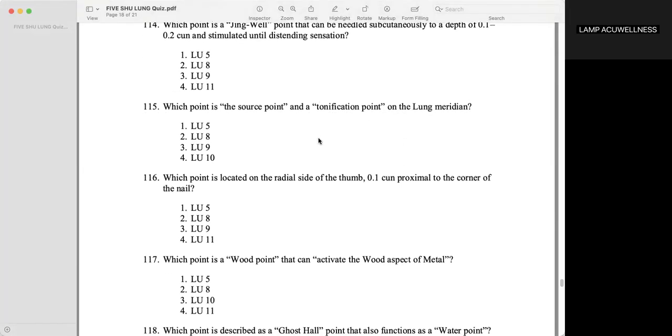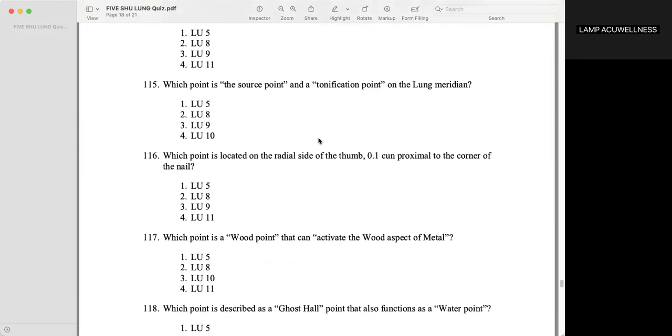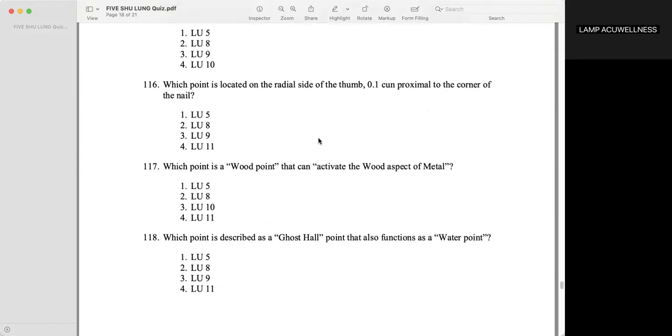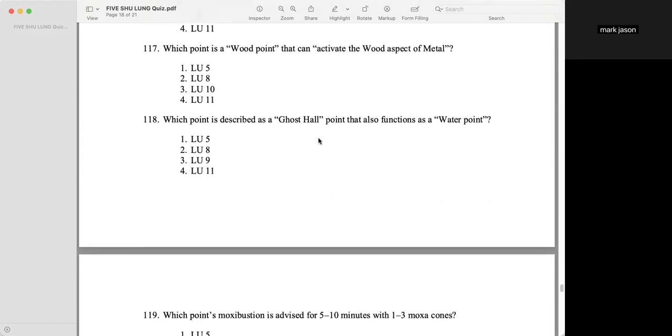Which point is the source point and the tonification point on the lung meridian? Lung 9. Which point is located on the radial side of the thumb, 0.1 tsun proximal to the corner of the nail? Lung 11. Which point is a wood point and that can activate the wood aspect of metal? Lung 11.